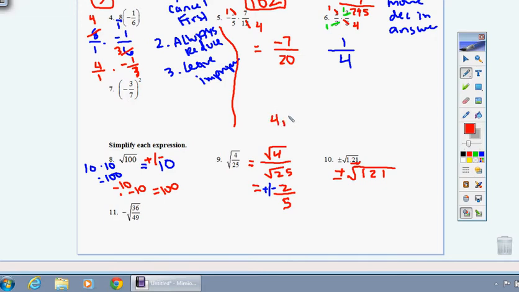We have 4, we have 9, 2 times 2 is 4, 3 times 3 is 9, 4 times 4 is 16, 5 times 5 is 25, 6 times 6 is 36, 7 times 7 is 49, 8 times 8 is 64, 9 times 9 is 81, 10 times 10 is 100, 11 times 11 is 121. So the square root of 121 is 11.